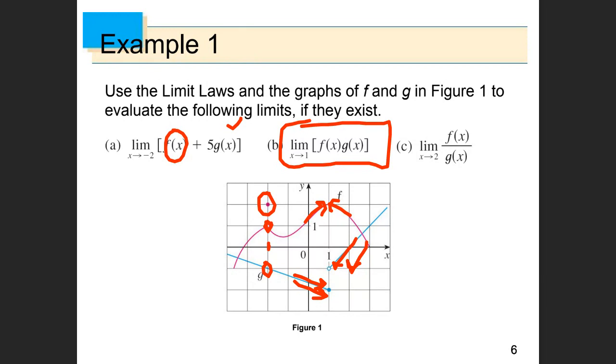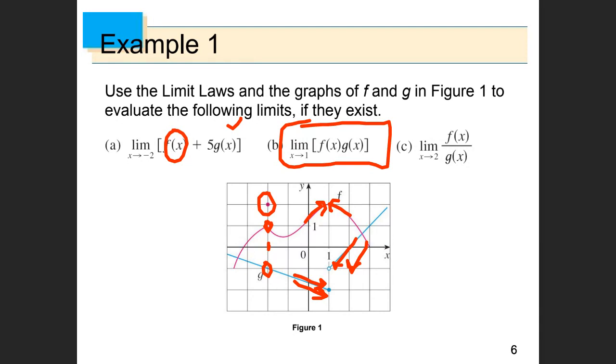Before you even state the law, or before you write what the law says, you need to check that those limits exist. If any of them does not exist, then you can't proceed. If the bottom one is also 0, you also say that the limit does not exist. All right. So for the quotient one, there are so many things you need to test. Both limits must exist, and the limit at the bottom, even if it exists and is 0, you say that this whole limit that I asked you does not exist.